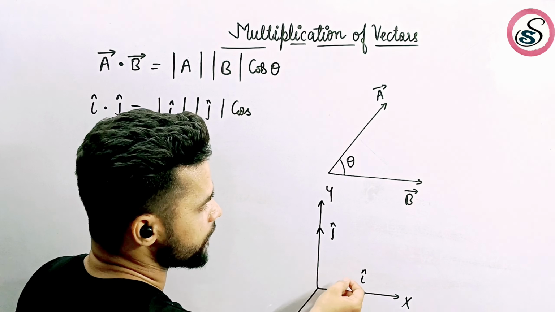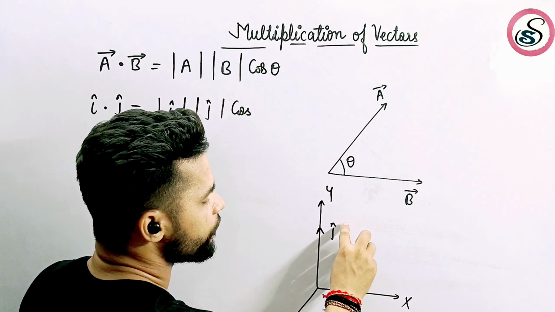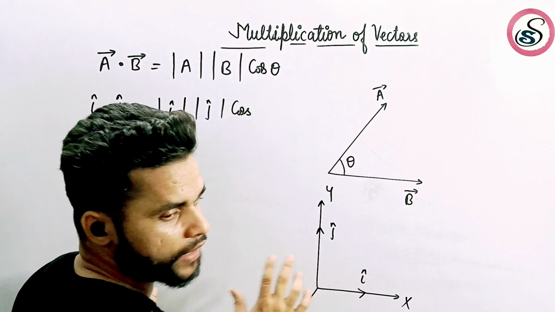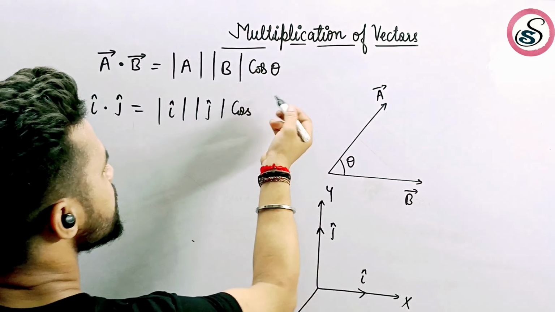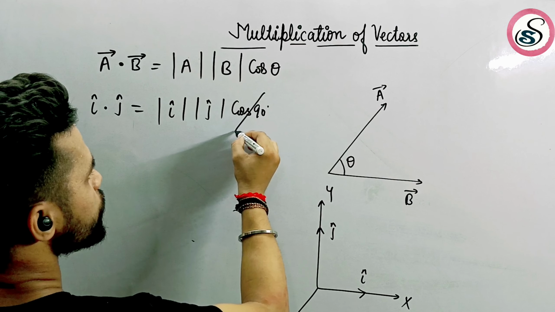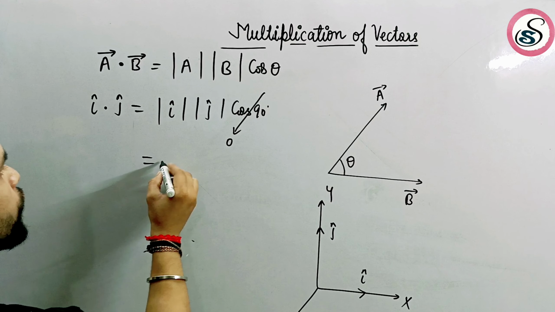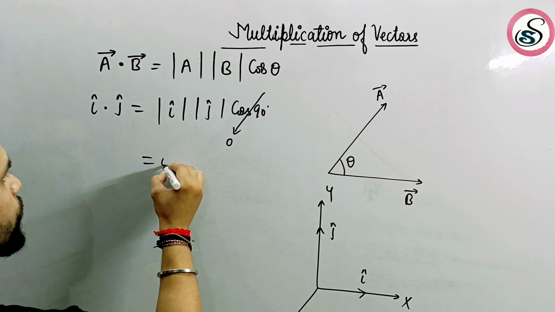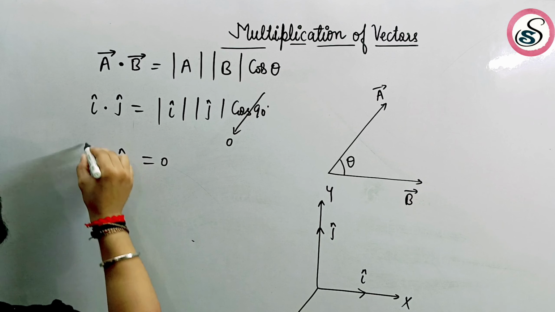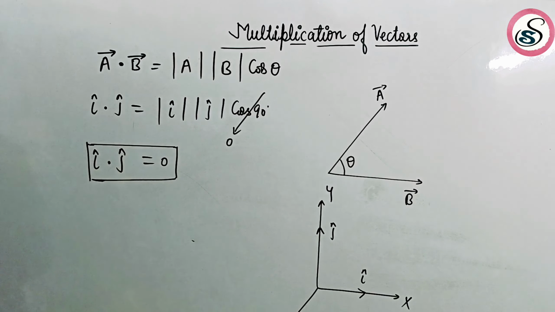As we see, the angle between x axis and y axis, meaning I cap and j cap, is 90 degree. So theta is equal to 90 degree, and we know that cos 90 is 0. So the total value is 0, which means I cap dot j cap is 0.